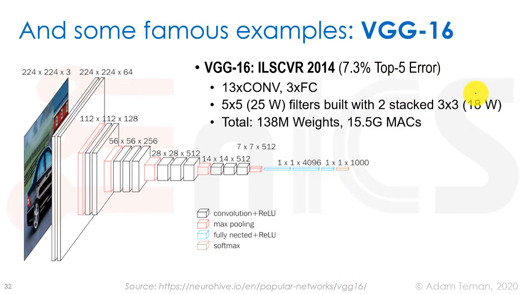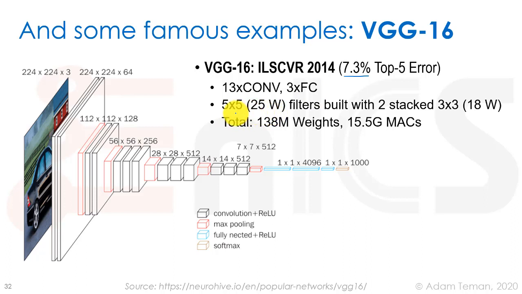So that was AlexNet, but there are other famous examples that you'll hear about, and I just want to show some features that came out with them. VGG16 is one of them. That came out in 2014 and had a 7.3 top 5 error rate. It had 13 convolutional layers and 3 fully connected layers.